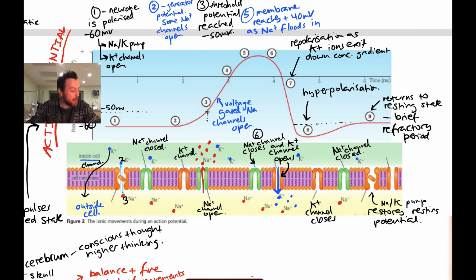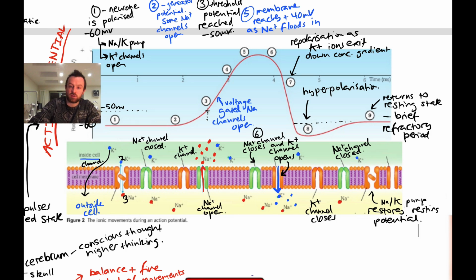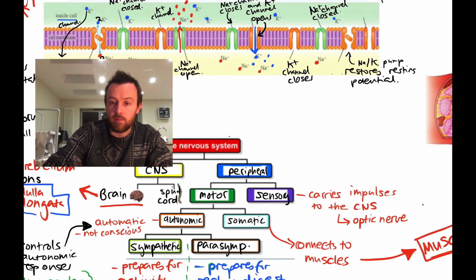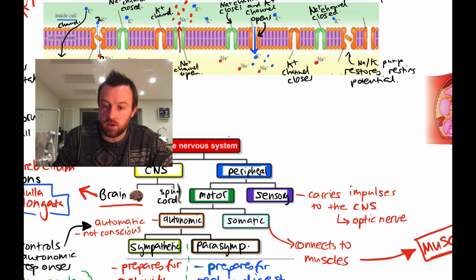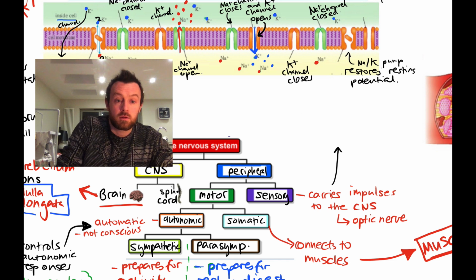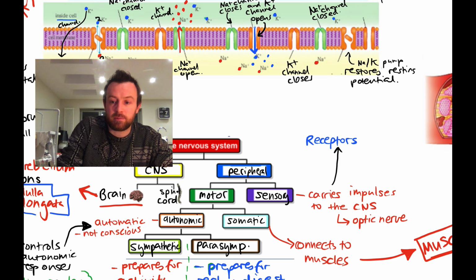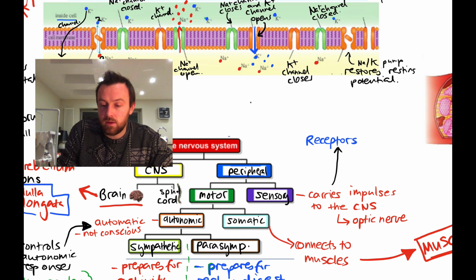Now, I did say at the beginning that we needed something to trigger the action potential, and that's just reminded me that we didn't quite put a lot of info down here, so we're going to. So the sensory branch of the nervous system, let's just put up here, connects to receptors. And receptor cells, I'm just going to put a little box around here for receptors, okay?